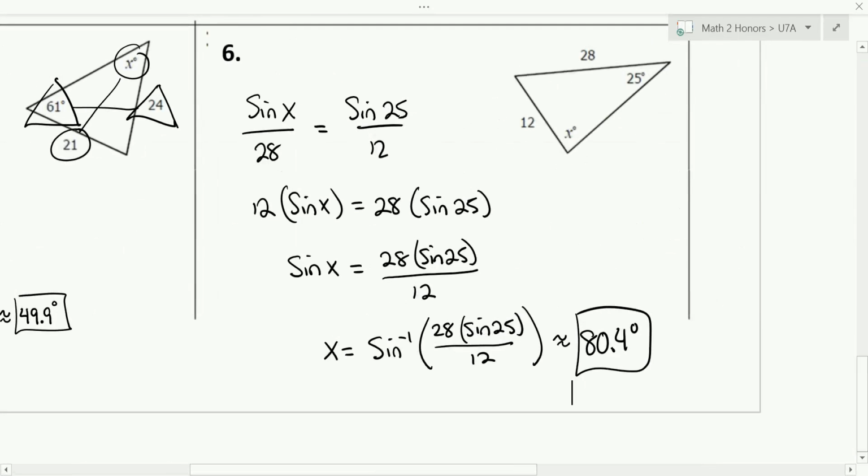All right, so number 6, here it is. If you got it right, 80.4 degrees.